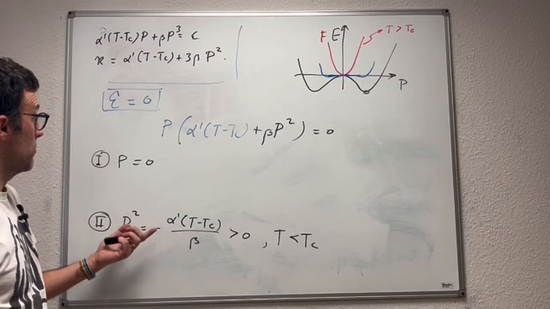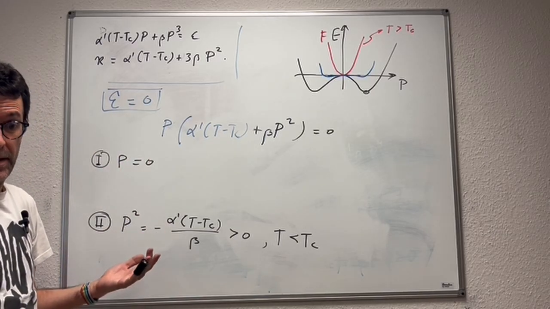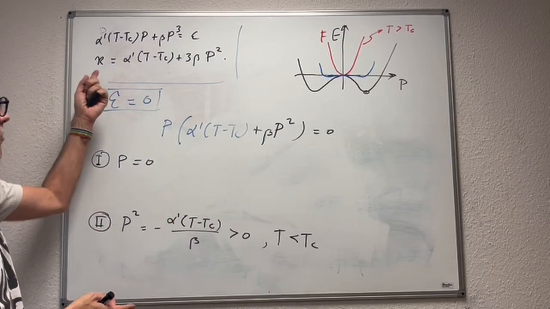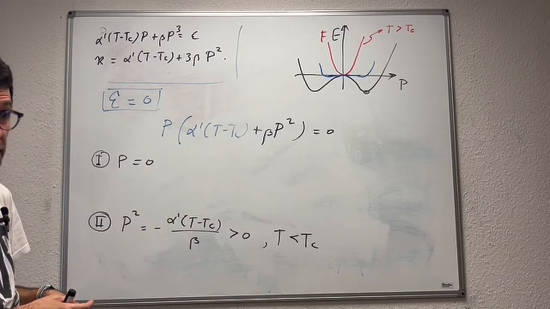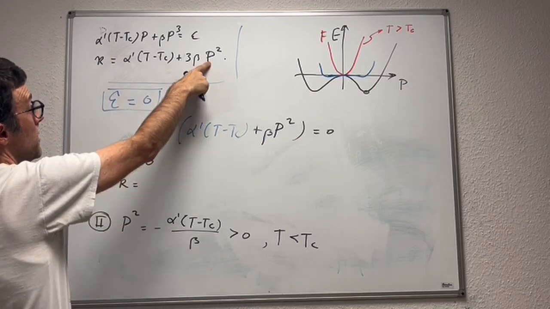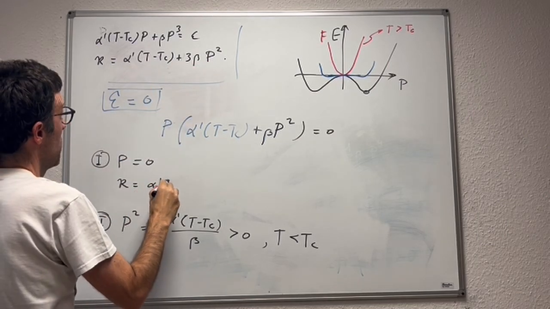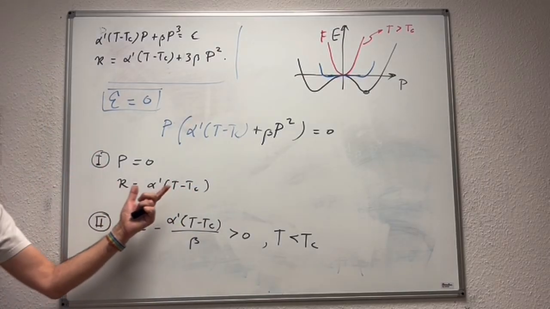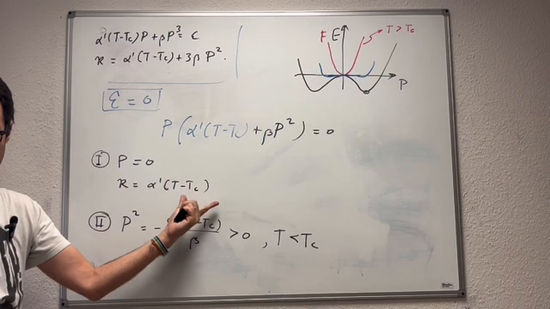And the second thing that we have to check is whether these solutions are minima of the energy. So we have to evaluate the stiffness coefficient. For the first one, it's pretty easy. P equal to 0, I plug it there, I get alpha prime (T minus Tc). Now the solution is stable if the stiffness is positive.